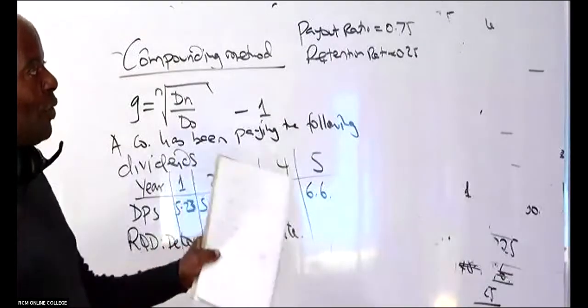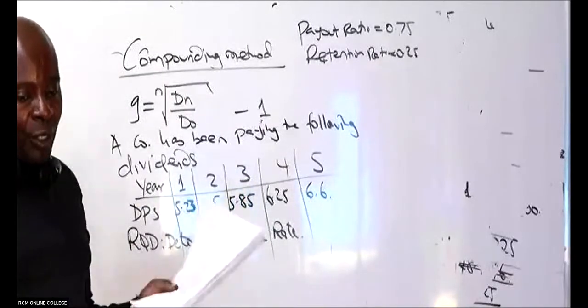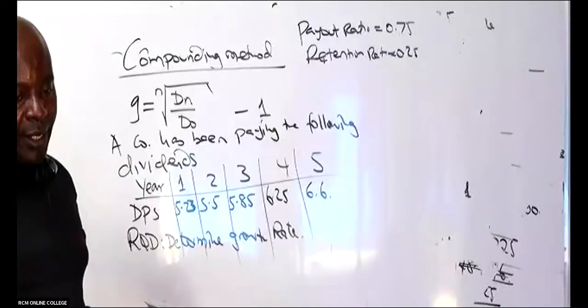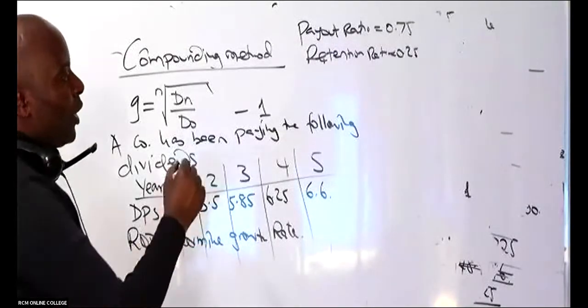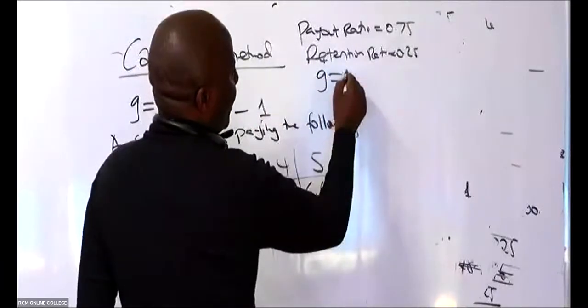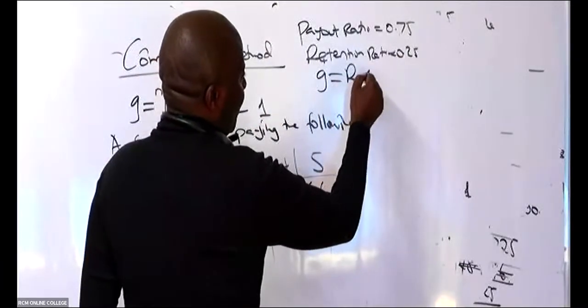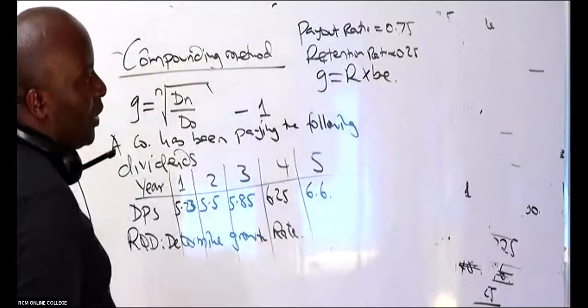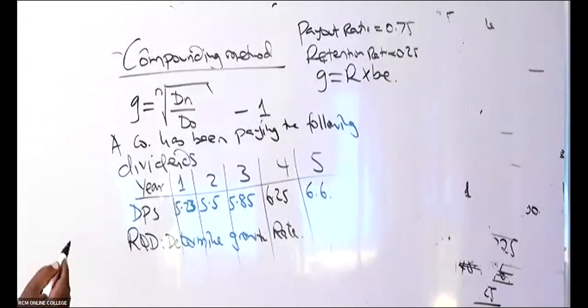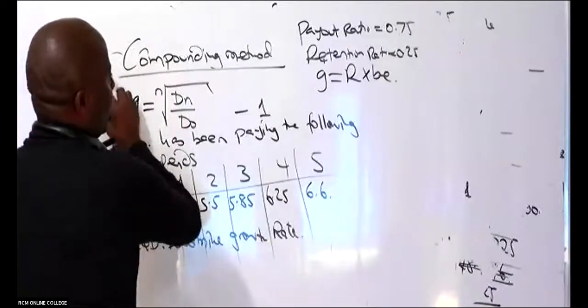If they are paying 75%, then we retain 25%, right? And then to get our G, you take this retention times the return on equity. So then we come back to this, ladies and gentlemen.